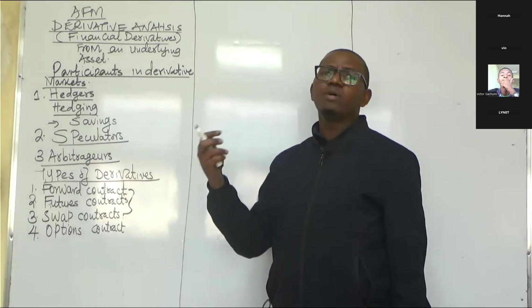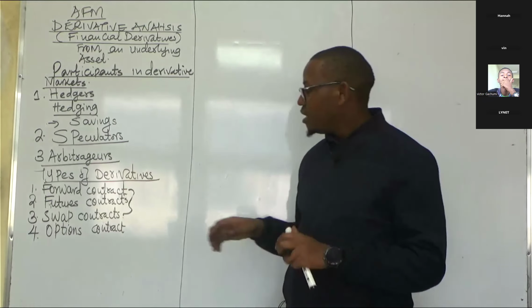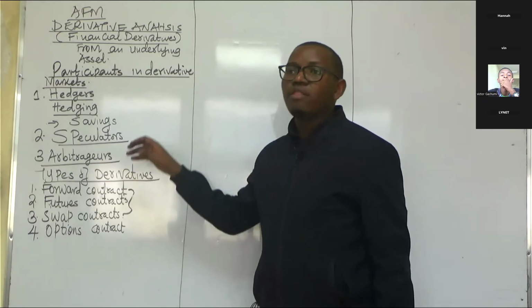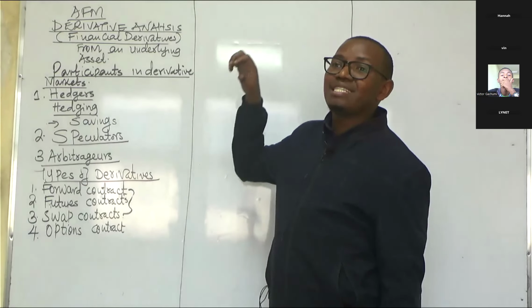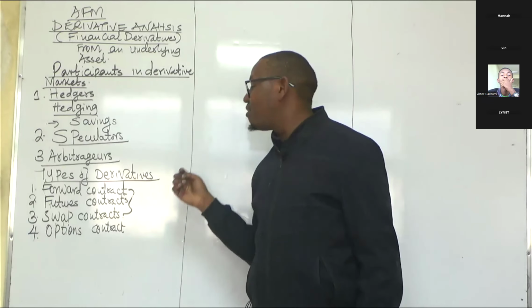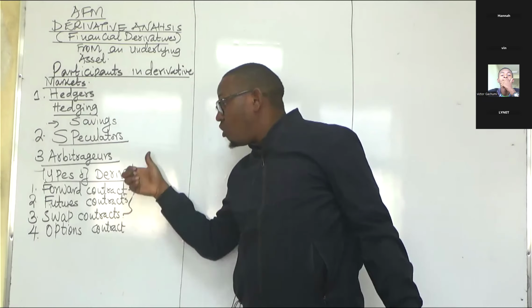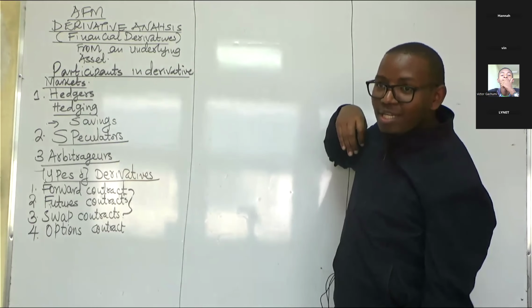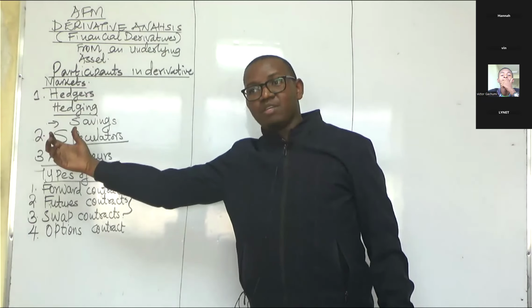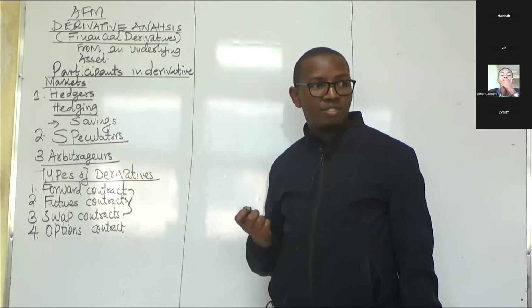The reason why we talk of it as being a forward commitment is that for all of these, the price will be determined today, but the settlement and delivery of the contract will happen in future, meaning that you are committing yourself in the future. And that is where the word forward commitment arises.